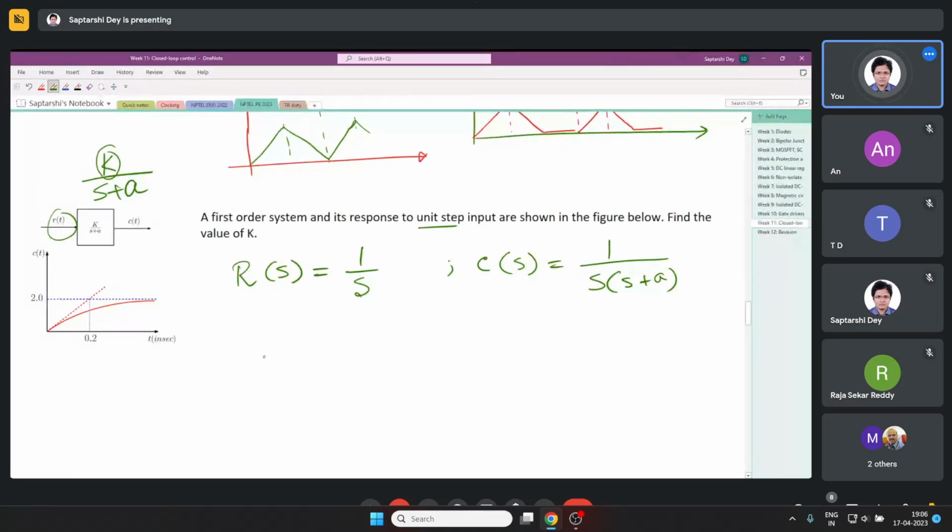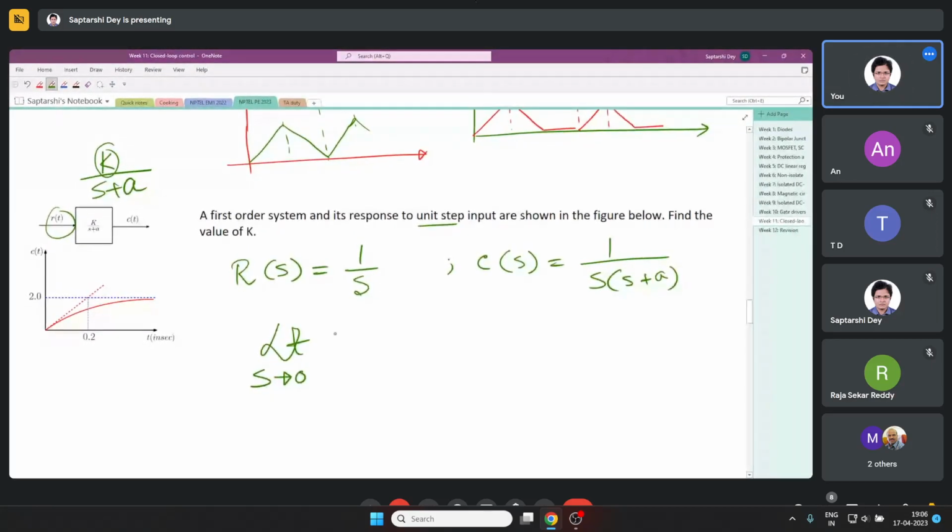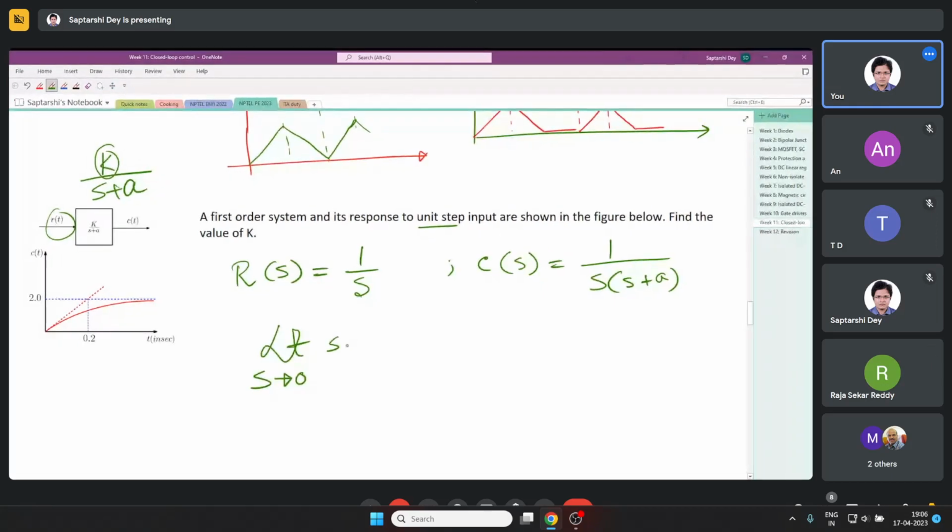Can I not apply the final value theorem? The final value theorem says the value at infinity is this.